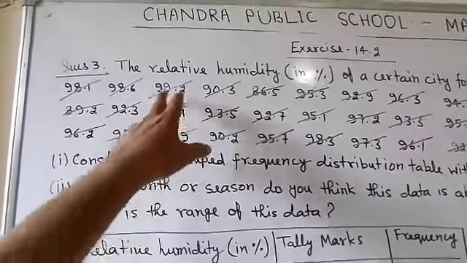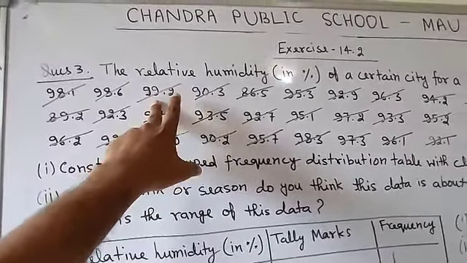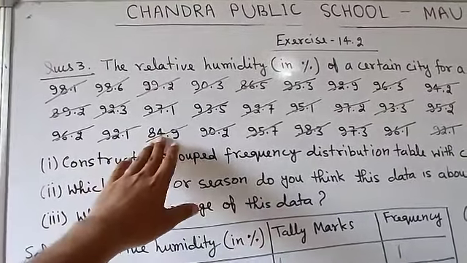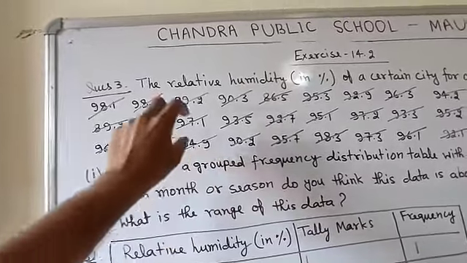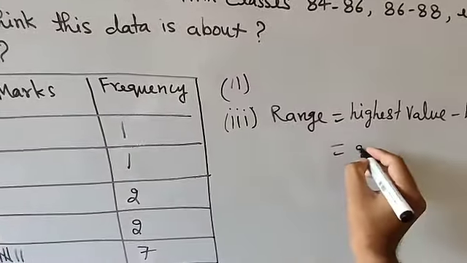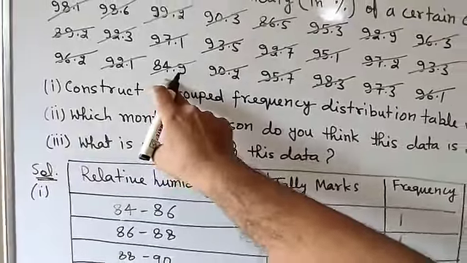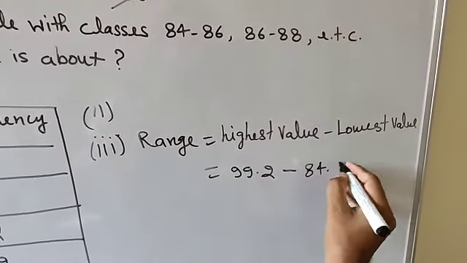So here you are going to find the highest value is 99.2, that is the highest value. And what is the lowest value here? If you are going to find the lowest value, so I think 84.9, that is the lowest value here. It means the range equals highest value, 99.2, minus lowest value, 84.9.